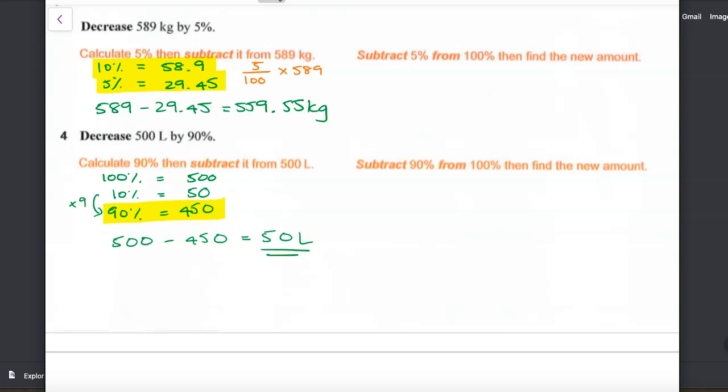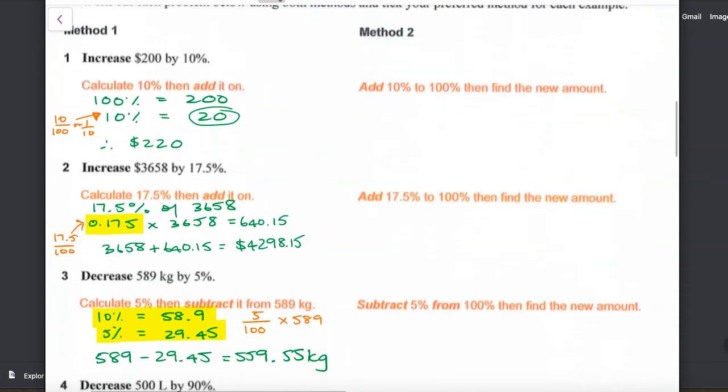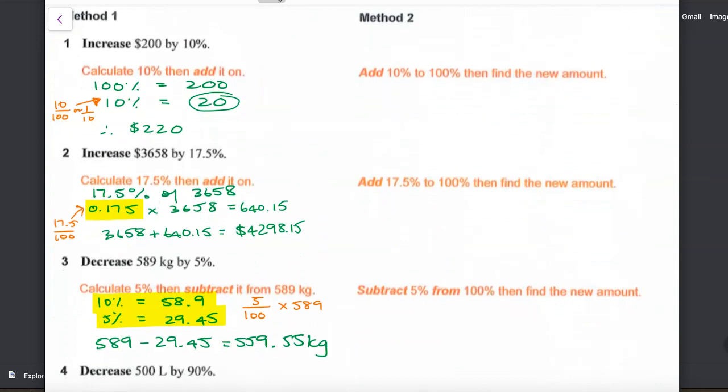So let's revisit each of these examples using method 2. Method 2 looks at adding on the percentage before you complete your calculation, or taking off the percentage before you complete your calculation. So in our first example, we increased $200 by 10%. So if I want to increase something, which means I want to keep 100% of it, and I want to add on 10%.